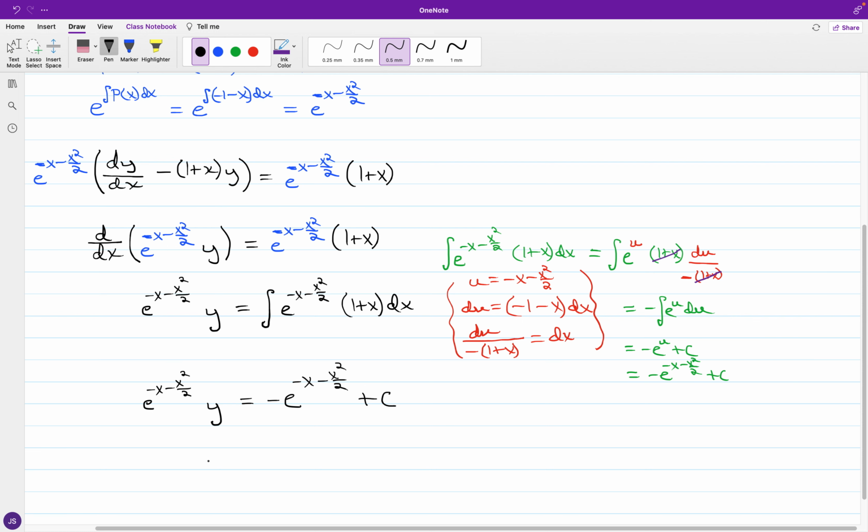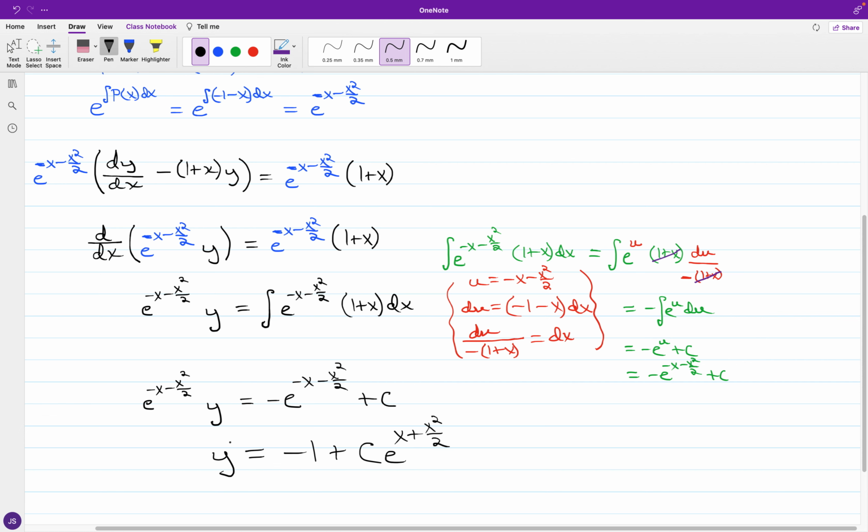And upon isolating y, you have negative e to the negative x minus 1/2 of x squared, and if I divide by e to the negative x minus 1/2 of x squared, we're going to have adding x and 1/2 of x squared to this power, and that is going to be -1, and we have plus c times e to the positive x plus 1/2 of x squared.